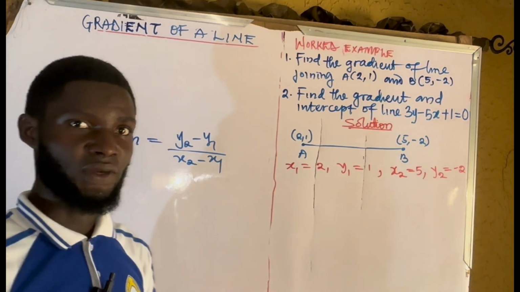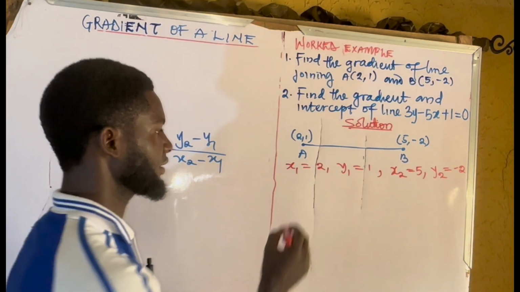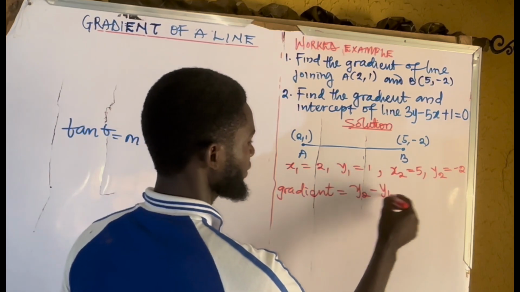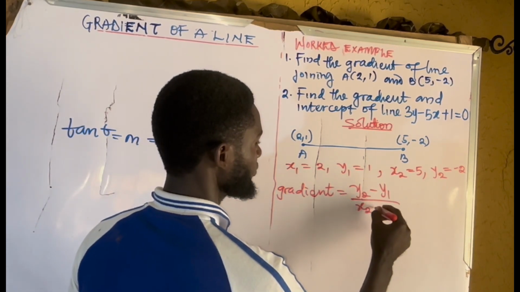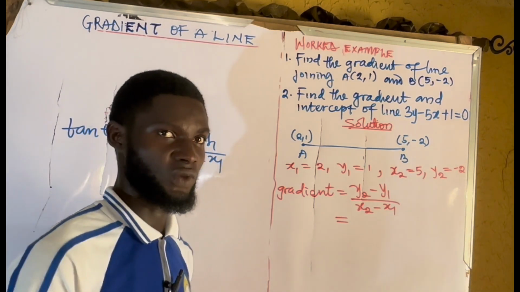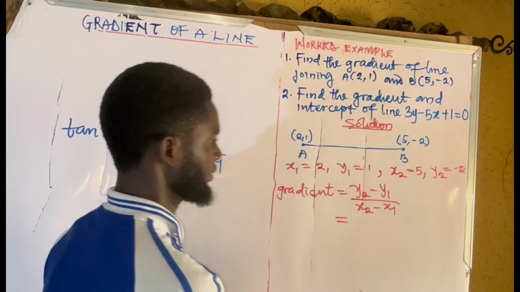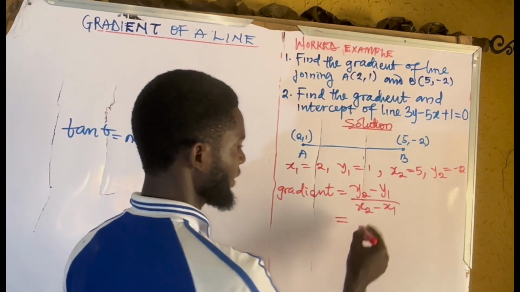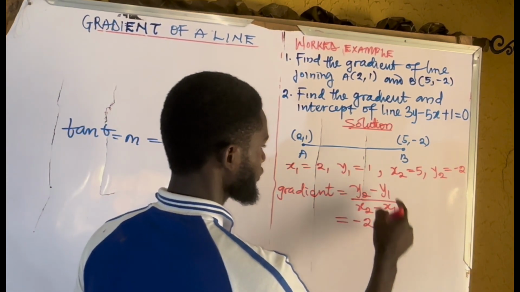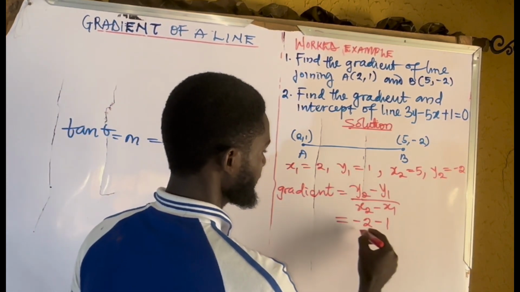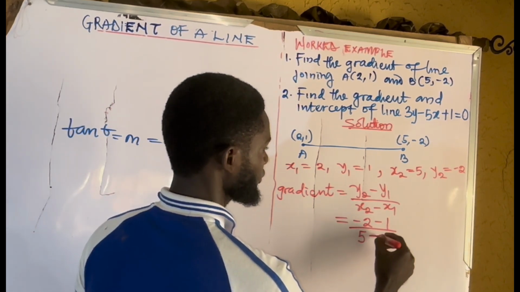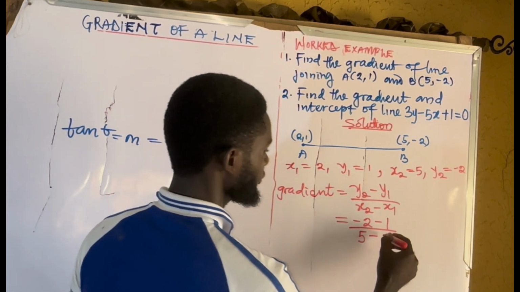Now, using the formula for the gradient, the gradient equals y2 minus y1 divided by x2 minus x1. Substituting the values, we have -2 minus 1 divided by 5 minus 2.